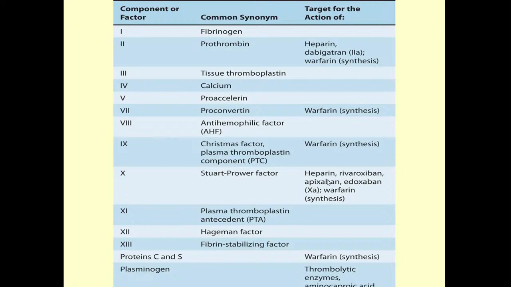But direct anticoagulants interact directly with the 10th A factor. Protein C and S: warfarin inhibits synthesis. And plasminogen: thrombolytic enzymes and aminocaproic acid interact with plasminogen.